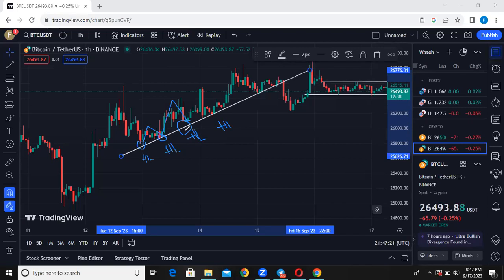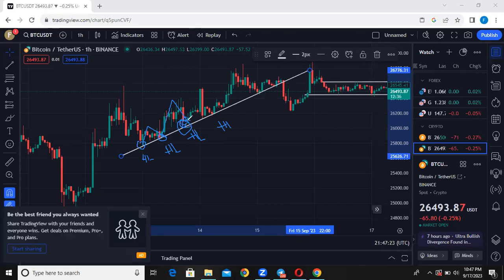So even at this third point where it touches your trend line, you were supposed to buy. It came again, touch, you ought to buy. And then here, when it touched, look, it went up a little bit before breaking the trend line. So that's how you trade an uptrend market.